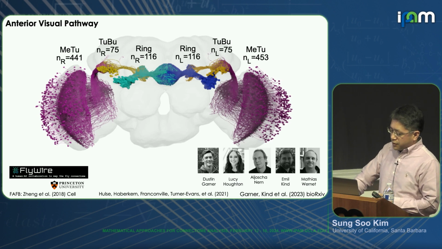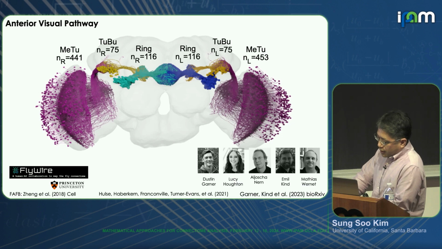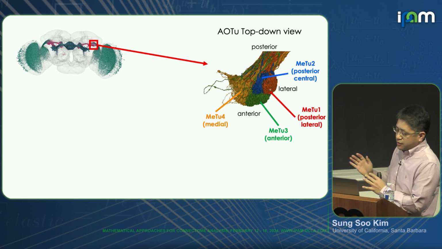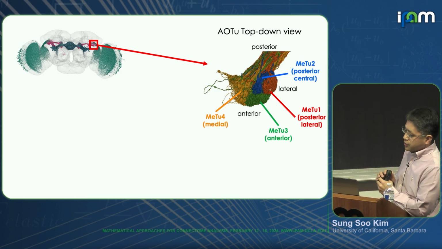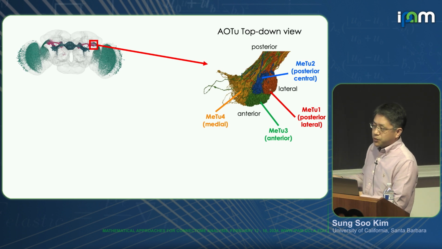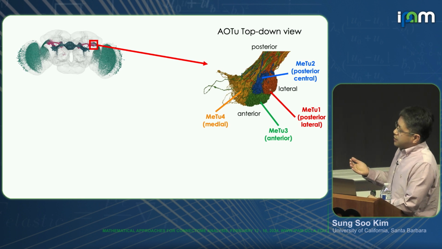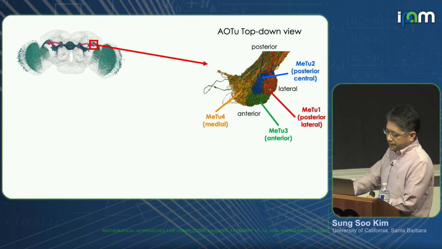With this data, we first categorized the pathway beginning from the Me-Tu neurons. I'm not getting into the details today, but we used the connectivity information, morphological information, and anatomical locations of the processes and categorized these neurons into 4 groups.